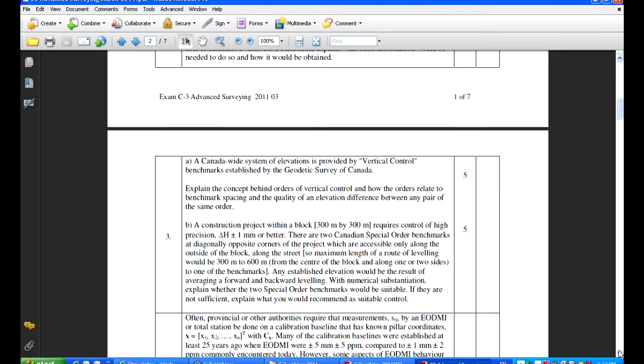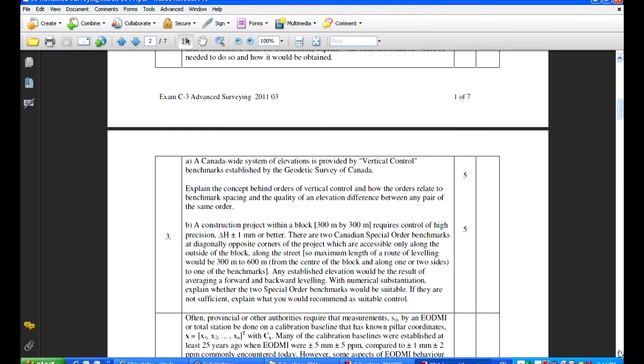In very general terms, the concept of control, if we have points of known position, whether it's horizontally or vertically for benchmarks, the higher precision is over a greater separation, and we assume that if there's a higher precision, there's due care, and therefore there's also been a higher level of accuracy.